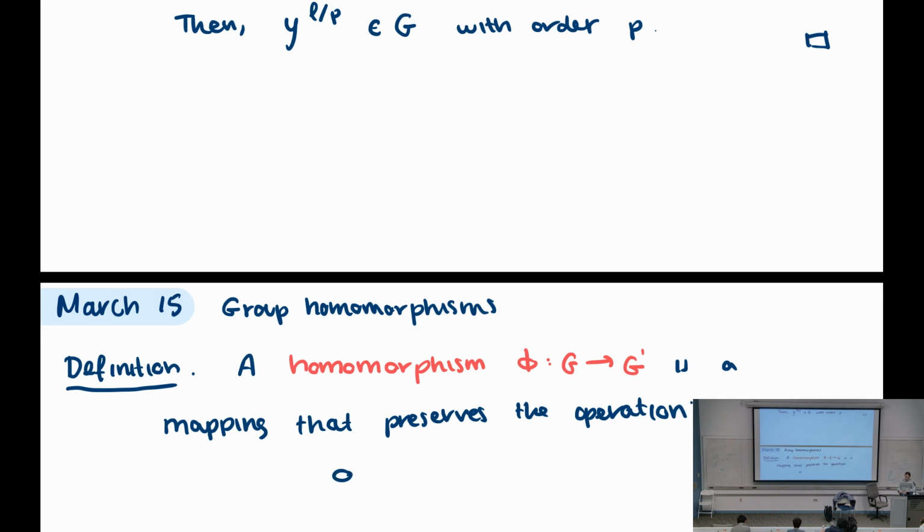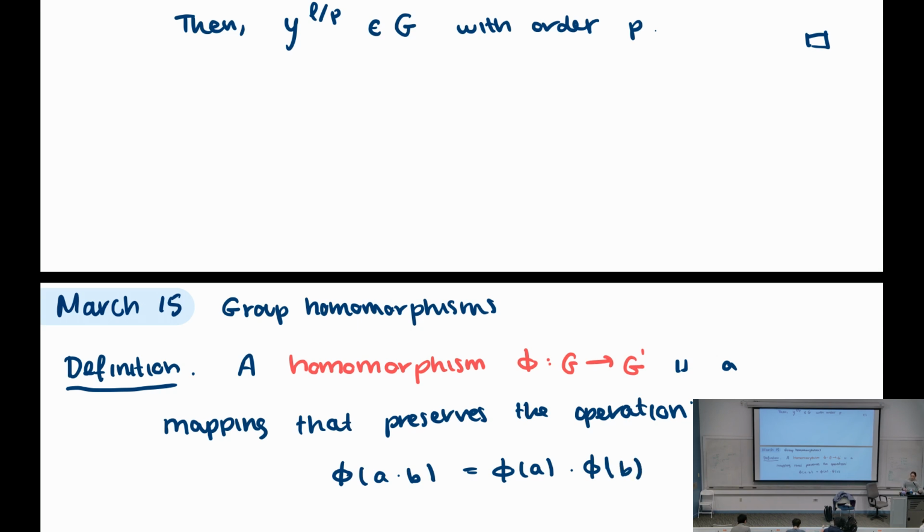So we have that phi of the product of two elements, A and B in G, is equal to phi of A times phi of B, where now this operation is taking place in the group G prime.